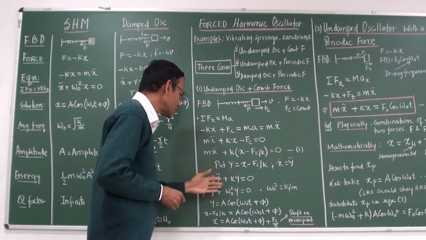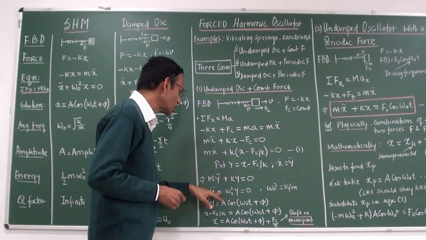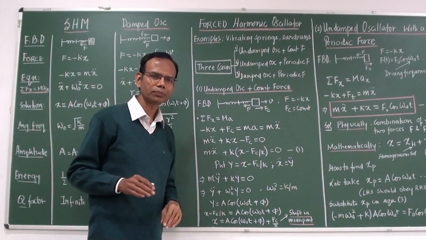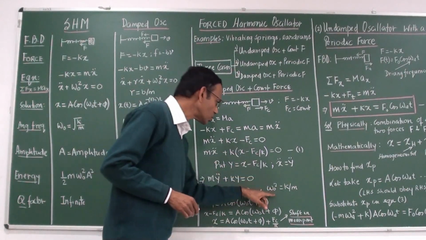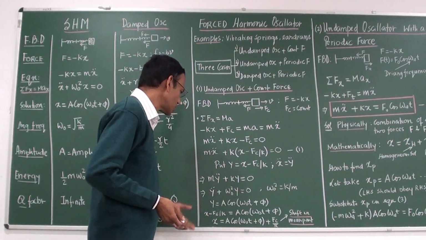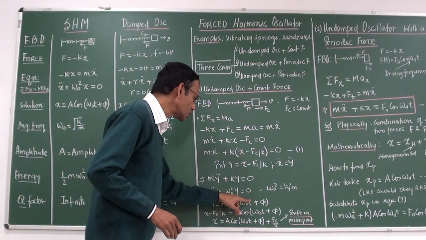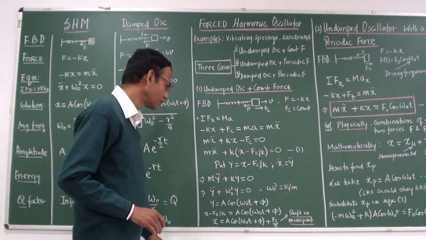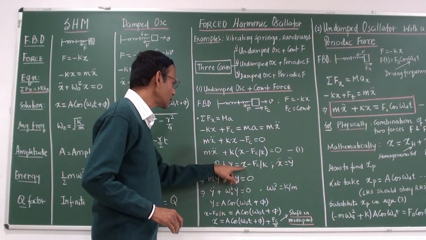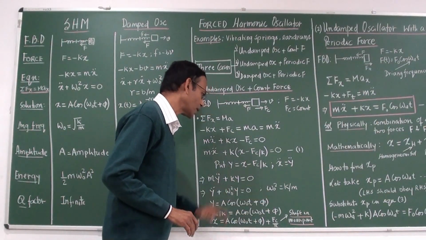It is exactly the same equation in terms of y. So we can write y double dot plus k by m, which is omega 0 square, times y is equal to 0. Omega 0 squared is equal to k by m. Now the solution of this equation we know very well, that is y is equal to A cos(omega 0 t plus phi). Now in place of y, I substitute back x minus Fc by k, so x minus Fc by k is equal to A cos(omega 0 t plus phi).